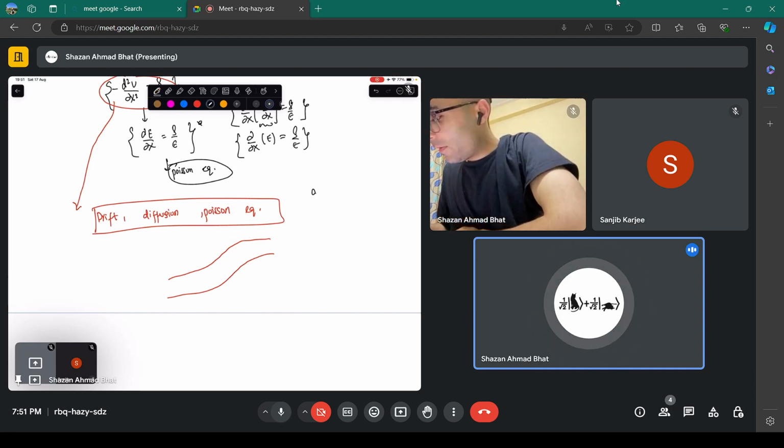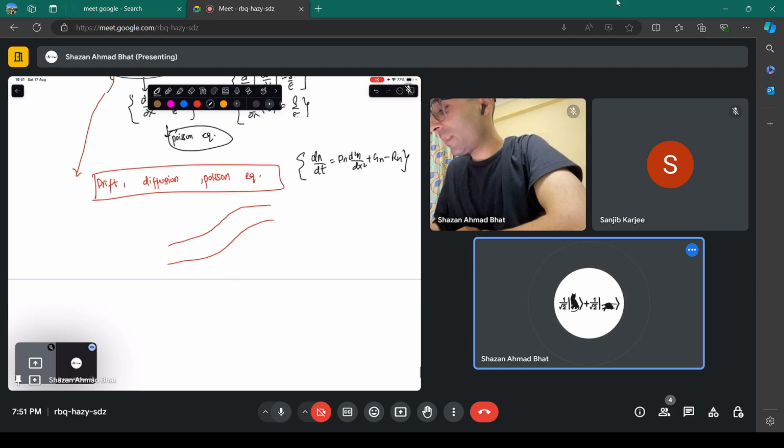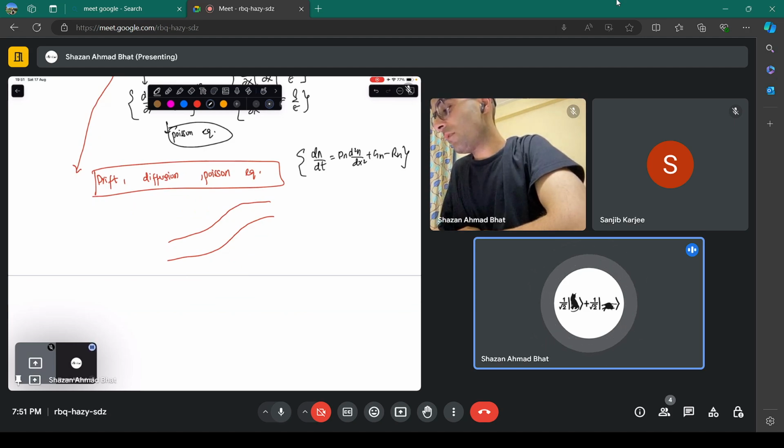Definitely, if you have, let's say, the diffusion equation dn/dt equals D d²n/dx² plus generation minus recombination, then it doesn't seem feasible to apply the Fourier transform over this. What that is going to give you, I don't know. But if you have any other equation which is in the time domain, then you can use the Laplace transform to solve that differential equation.